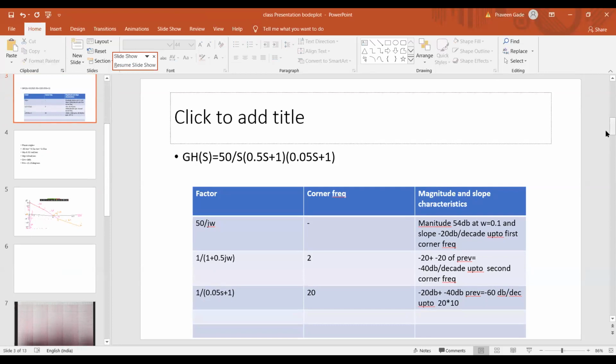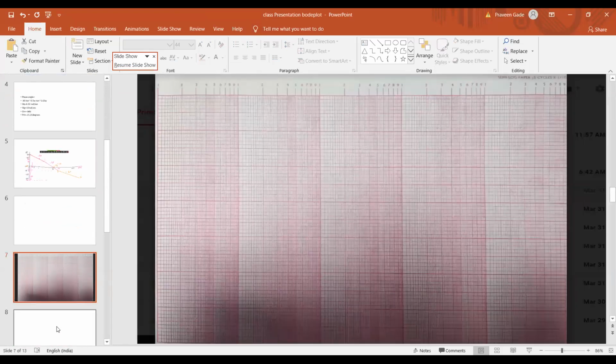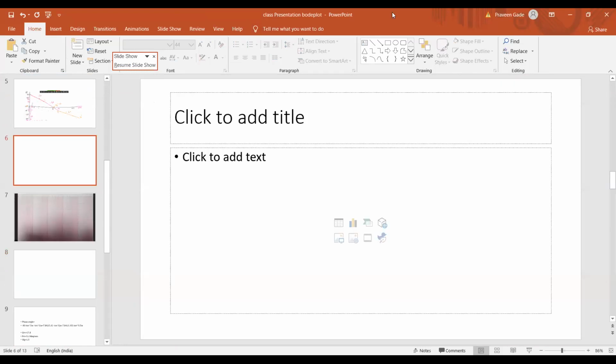So once you get the magnitude plot and once you get the phase plot, you have to look at your 0 dB line. When you look at your 0 dB line, you have to see where exactly your magnitude plot is cutting your 0 dB.